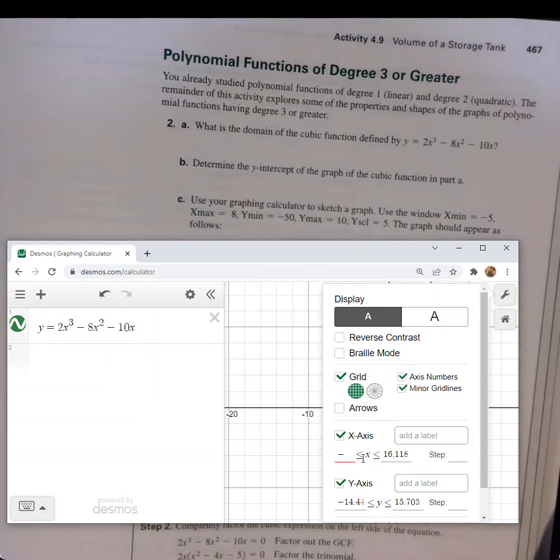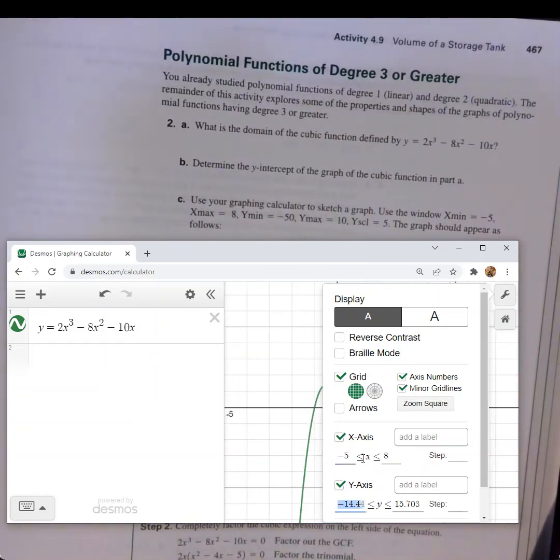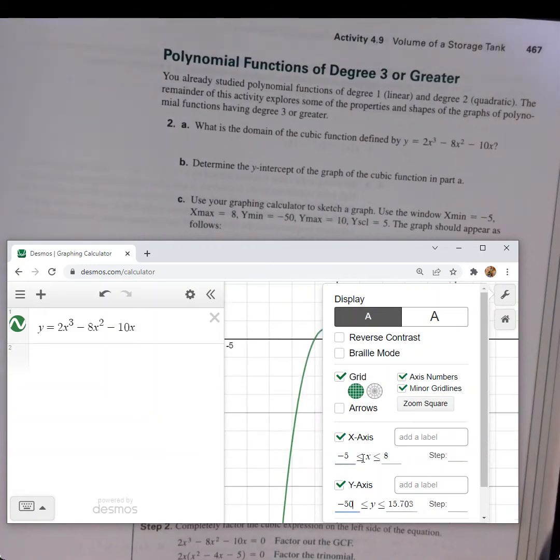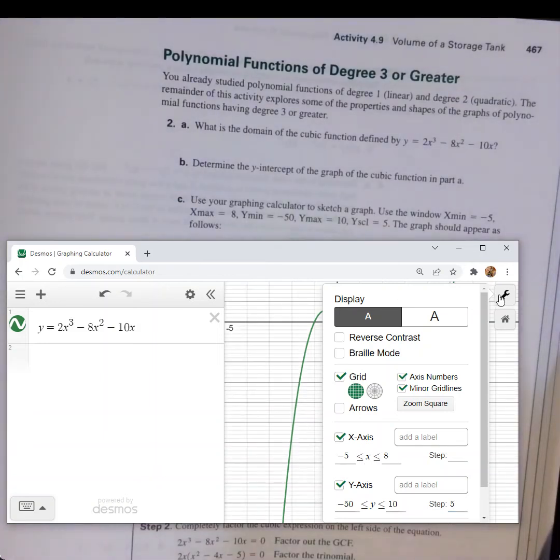They said an x min of -5, an x max of 8, and a y min of -50, and a y max of 10, and then a y scale of 5. Sure, I can put the scale in. Don't usually use scale, but I can do that.